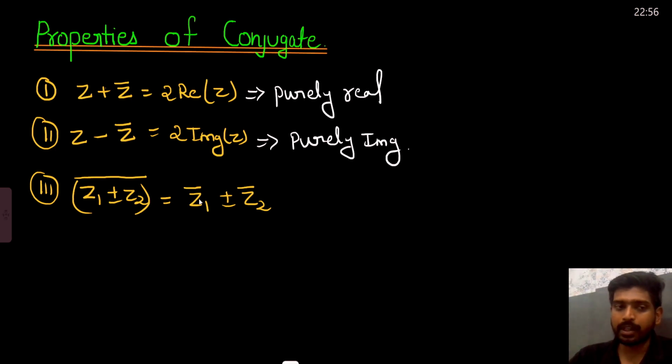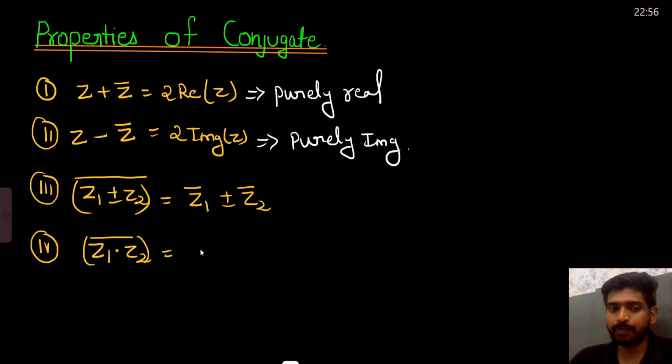This is a very important property. We'll use it many times. The fourth property says that if z1 and z2 are in multiplication, z1 and z2 whole bar will be equal to z1 bar multiplied by z2 bar. This conjugate we can distribute over z1 and z2.